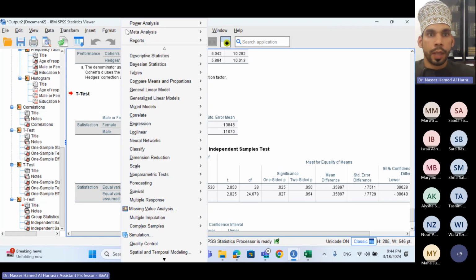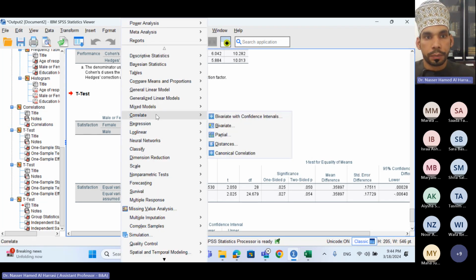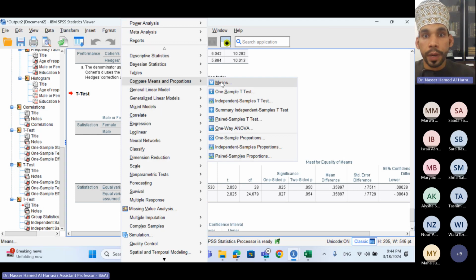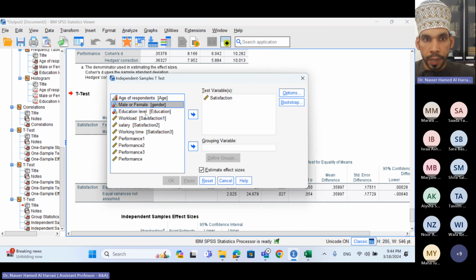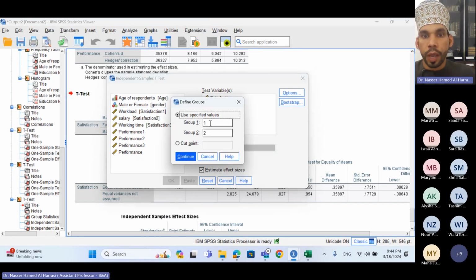Again, the same process. I have, for example, education. Compare means, independent sample. Here the gender, I will return back. I will bring, for example, the education, then define a group. So I have group 1 and group 2. This is the problem with the independent sample t-test, which is they use only 2 groups.